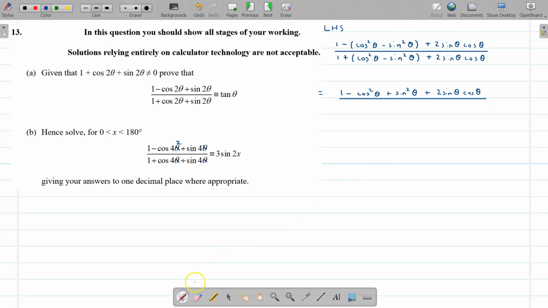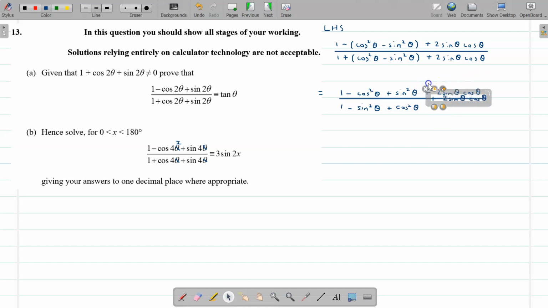Now underneath that I'm going to do something similar to that, but it's going to be 1 minus sine squared theta at the front, and then it's going to be plus cos squared theta, and then this last part is going to be the same here.